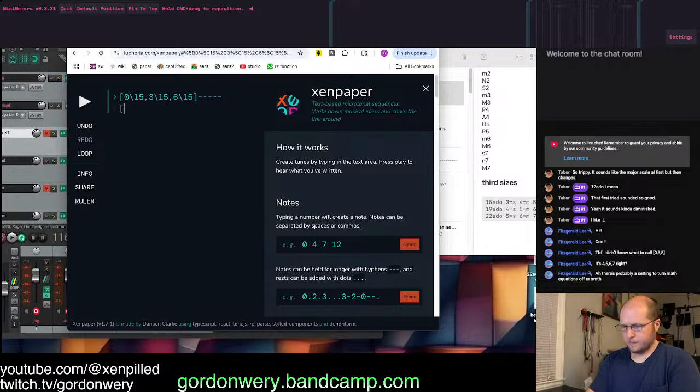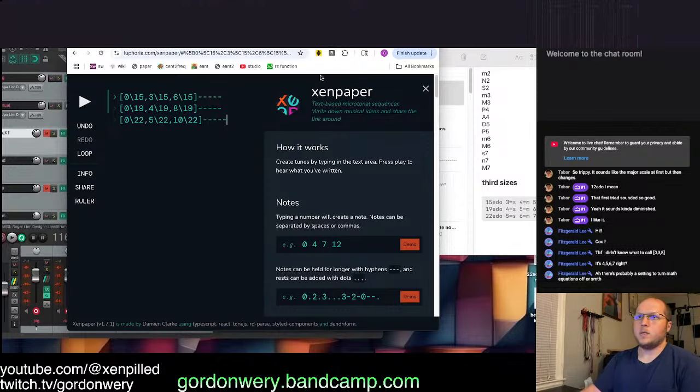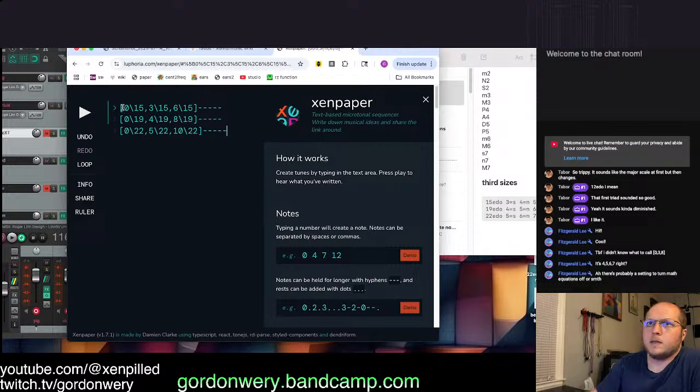And then okay, so here would be the 15 Ito semaphore, 19 Ito, no, 15 Ito Blackwood, 19 Ito semaphore, 22 Ito Orwell, or subdiminished.